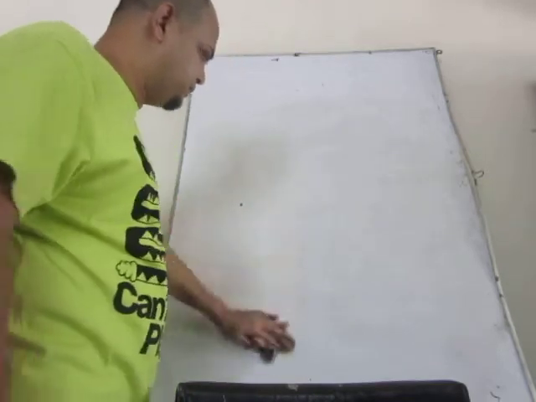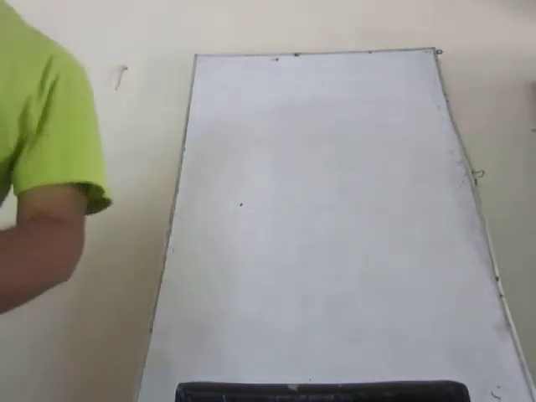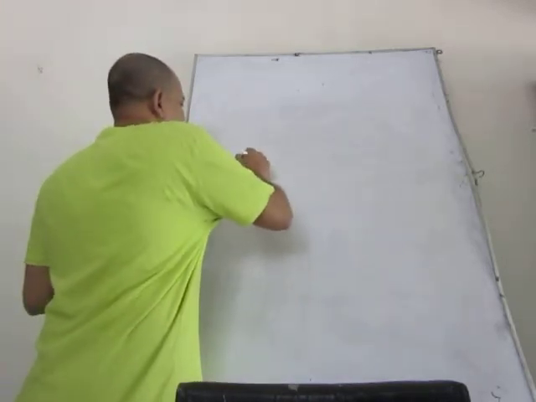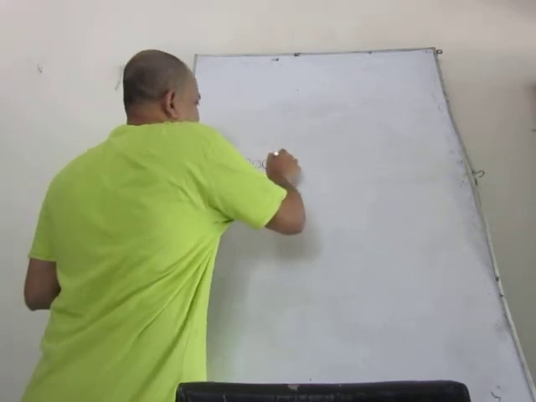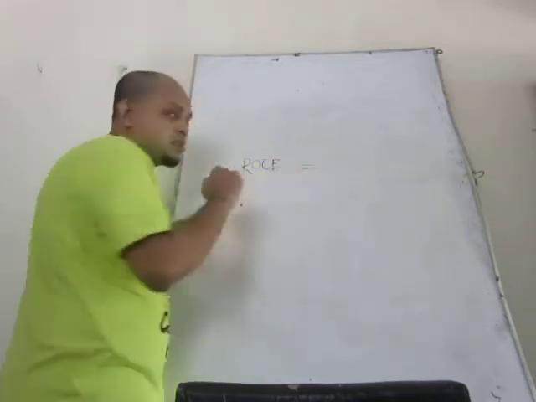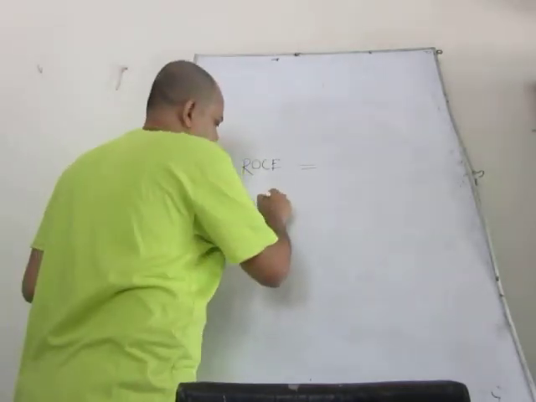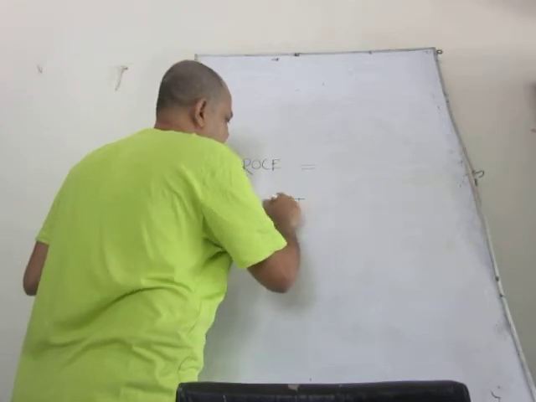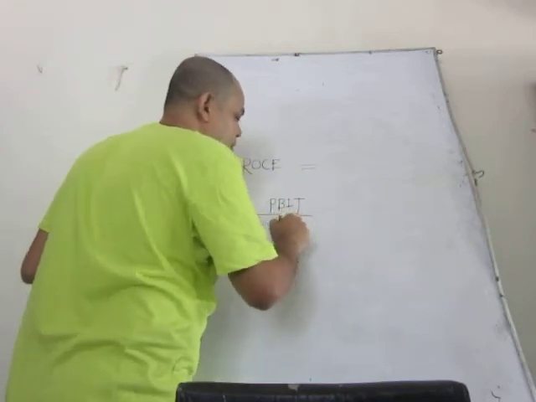Then there is an important relationship. We have already discussed the cost to sales ratio, and we have already discussed ROC. ROC was profit before interest and tax divided by capital employed.